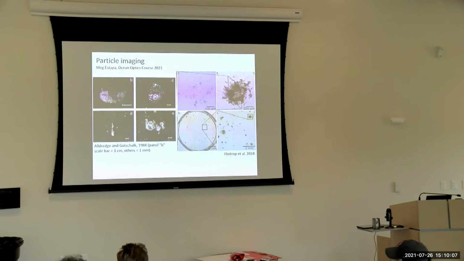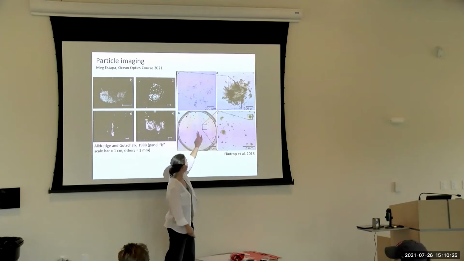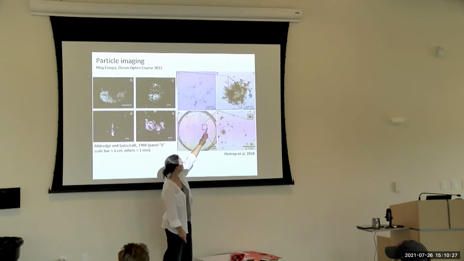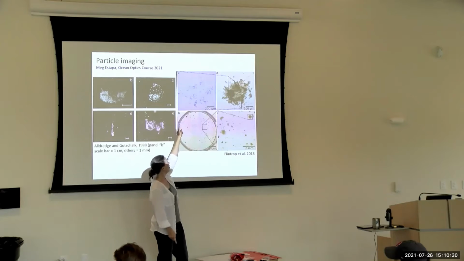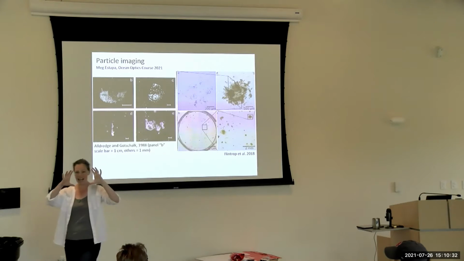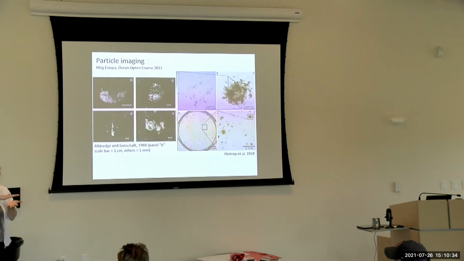What she did was pick out aggregates, embed them in a plastic resin, slice them on a microtome, and take image stacks of these physical slices of the aggregate. So that's what you're seeing here. We're blowing up on the aggregate that was picked. Here it is embedded, and the upper left-hand tile is just showing one thin Z-slice of that aggregate. So again, incredibly labor-intensive, right?